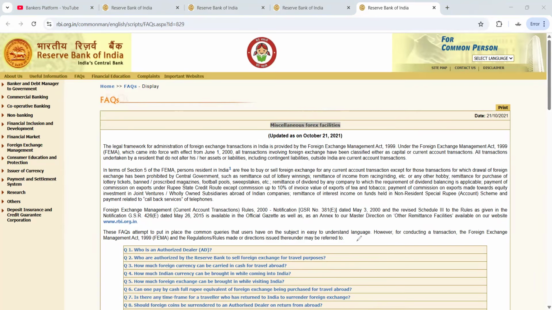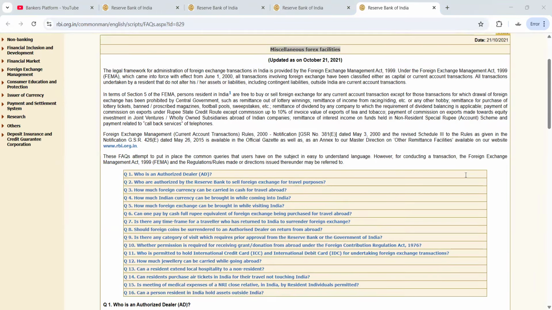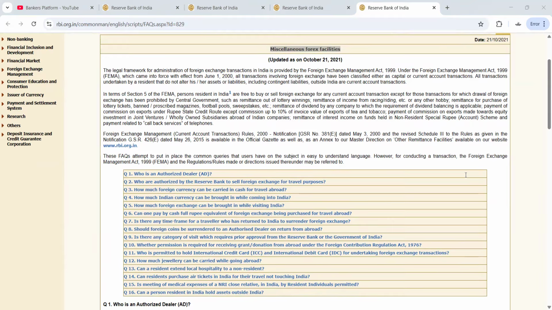So here some questions are there which are in the form of FAQs. These questions we will be covering and how we have to apply them in the exam. First is the legal framework for administration of foreign exchange transactions in India. It is as per the FEMA Act 1999.